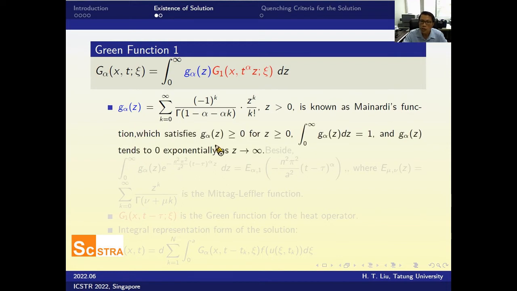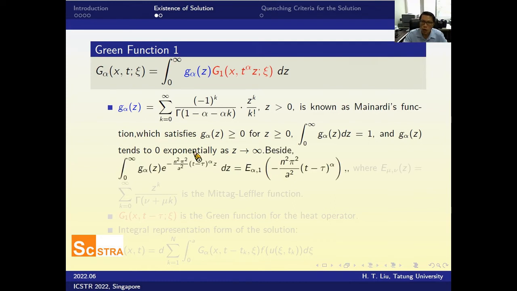Now this function is greater than or equal to 0 for all z greater than or equal to 0, with the total area, total energy together, equal to 1. And most importantly, this function will go down to 0 exponentially when z goes to infinity.